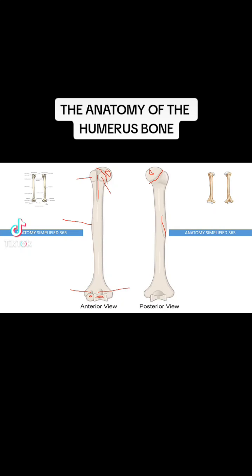Then medially we have the medial epicondyle here and the lateral epicondyle on the other side. Then we have the supracondylar ridges. We have the lateral supracondylar ridge, that is on this side, and then the medial supracondylar ridge, that is also here. These are basically the parts of the humerus bone that we can talk about right now.